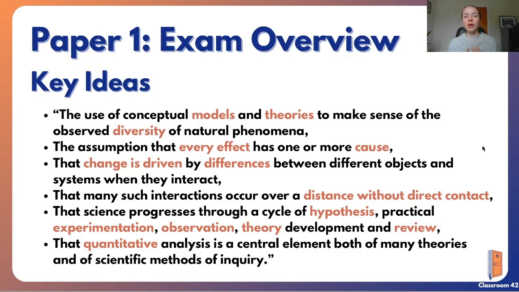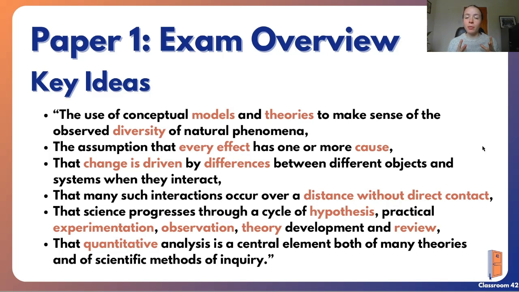And as we went through in the biology or physics video, if you've already seen them, there are key ideas which run across the sciences, and these will be the same for all three of your sciences, but this is how you develop that scientific discipline and an understanding of basically how science works. So firstly, the use of conceptual models and theories to make sense of observed diversity of natural phenomena. The assumption that every effect has one or more cause.